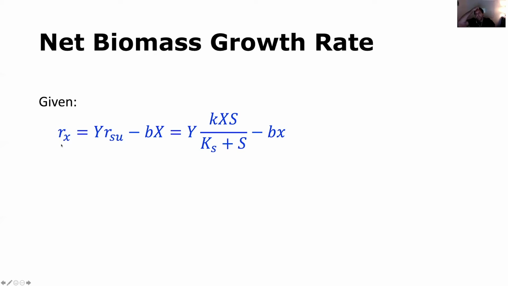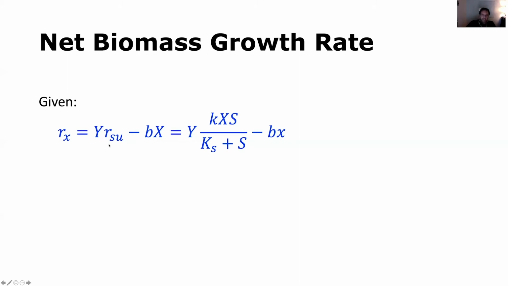So if we were in the stationary phase, the net biomass growth rate might be 0. If we were in the death phase, this term might be negligible. You'd have negligible substrate utilization, negligible yield, and you would be controlled by the death rate.